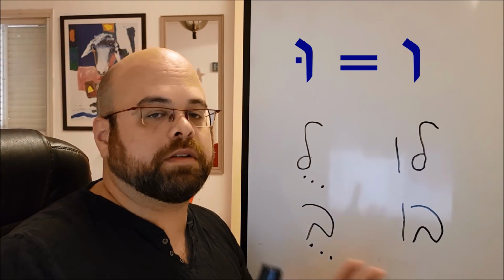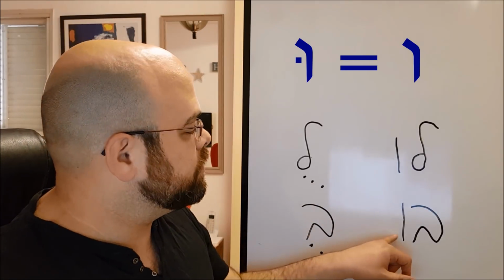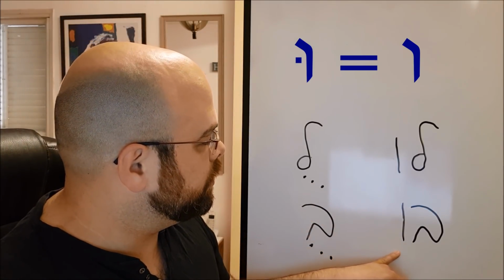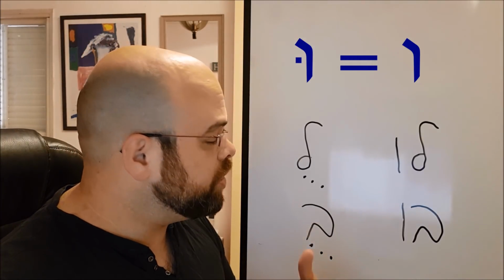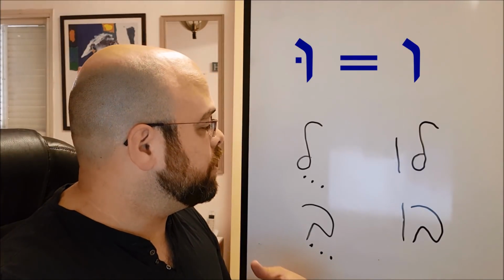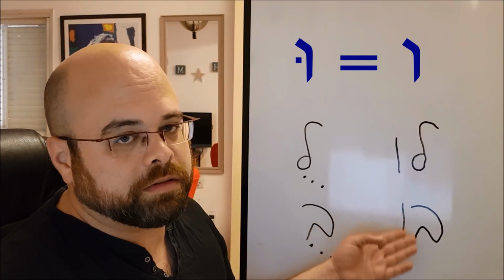Okay, so this sounds a little complicated for you because you're not used to a language that is written without the vowels. But you will learn the words, and after learning the words, you will feel that you don't need the Nikud.